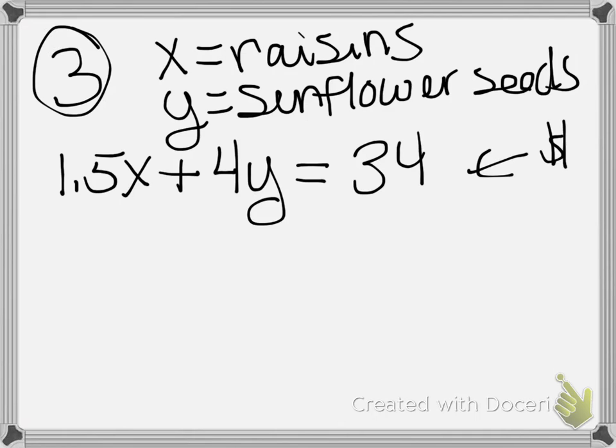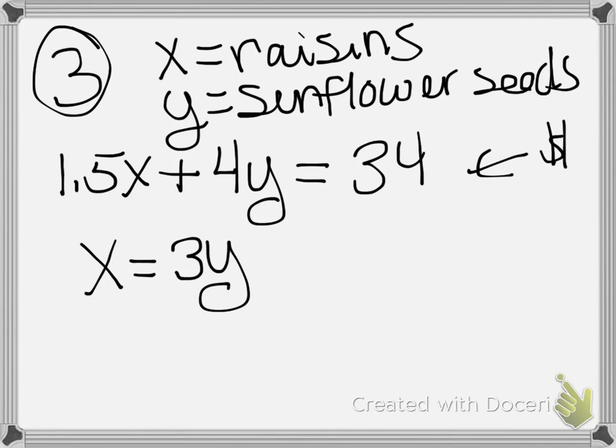Next, we're saying that the mix will have 3 times the number of pounds of raisins as sunflower seeds. So I want my raisins to be equal to 3 times the sunflower seeds, x equals 3y, which is a good choice, I think, because the raisins are cheaper.